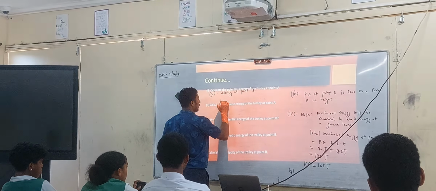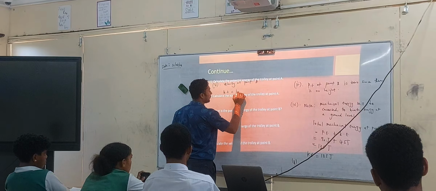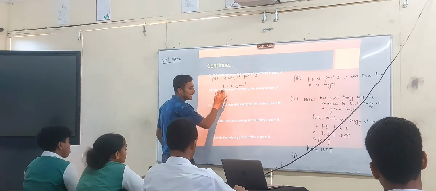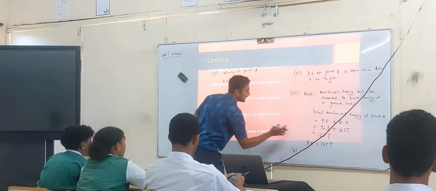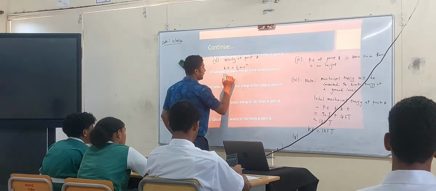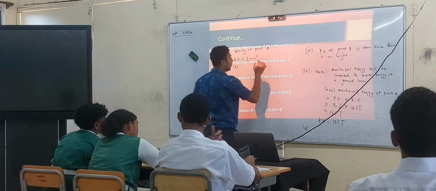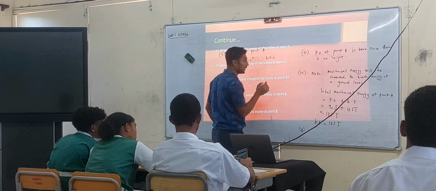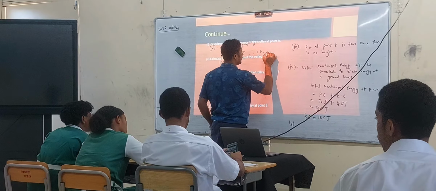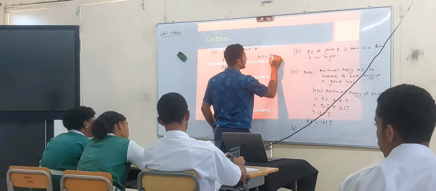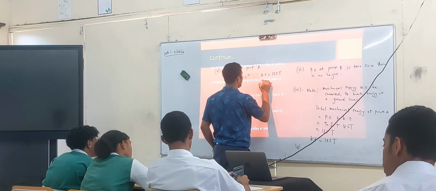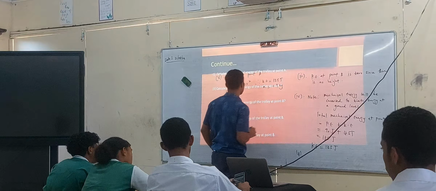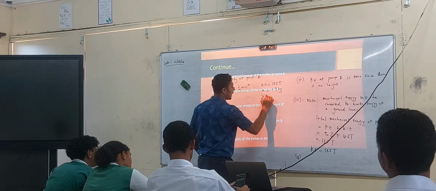Very good. We know kinetic energy is equal to half mv squared. It's better that you write whatever information you know for that particular question. So we know kinetic energy, which is 135 joules, and we know mass, which is 0.9 kg. Can we find V now?